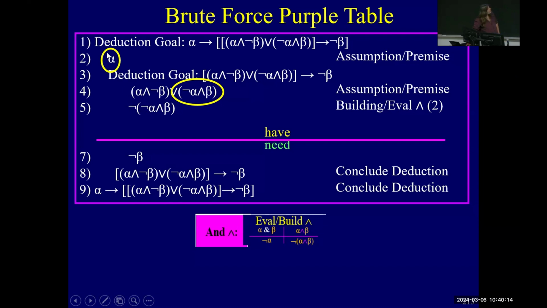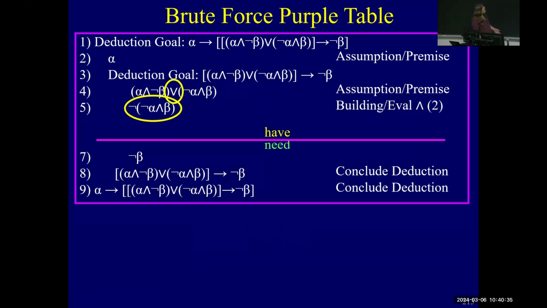But the other way of saying it as well, I got an alpha so I can build it. People understand why you can build this thing, right? If alpha is true, then not alpha is false. And if not alpha is false, then it ANDed with something is false, right?